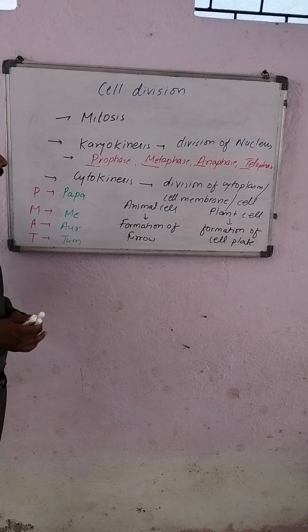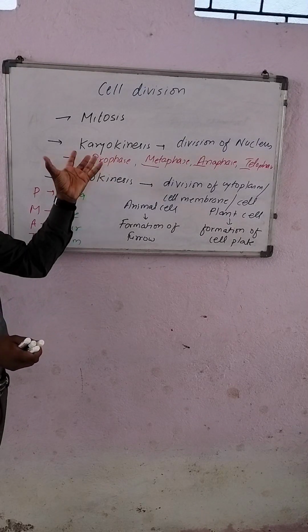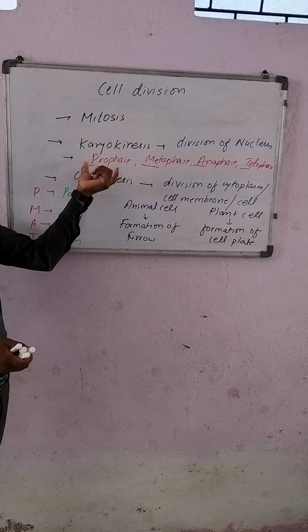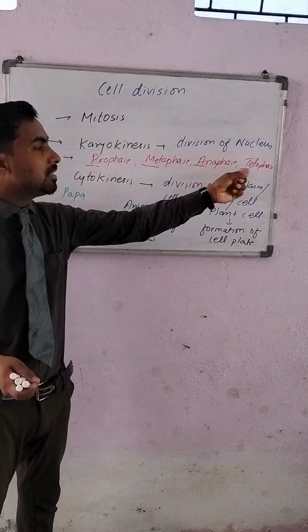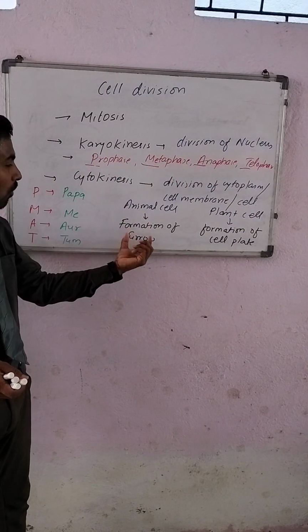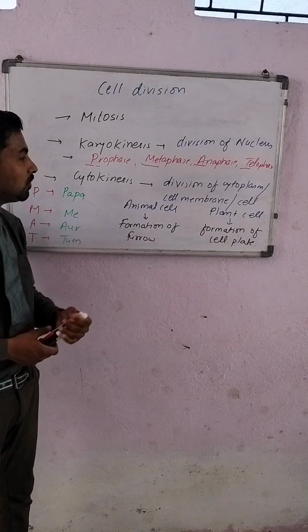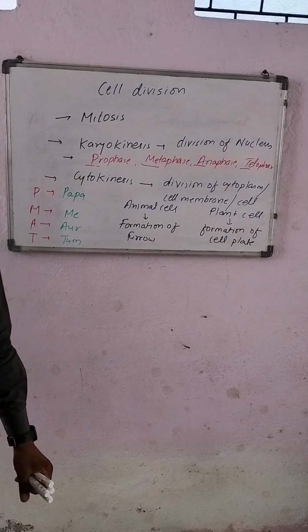Now let's move to the next part, what happens in the whole process, that is what happens in karyokinesis, in the prophase, metaphase, anaphase and telophase, and what is the formation of the furrow, what is the formation of the cell plate. Let's see.